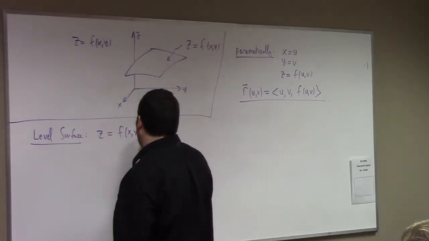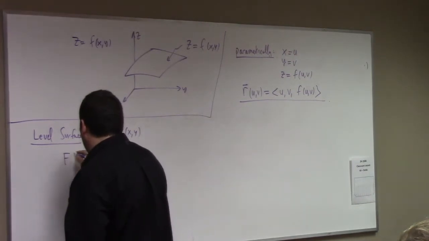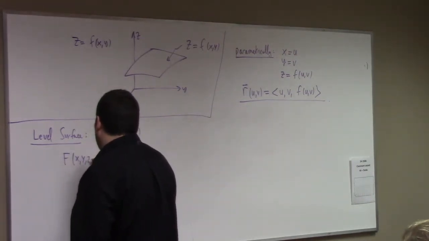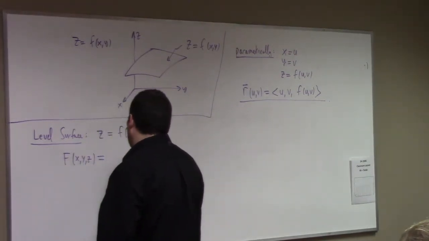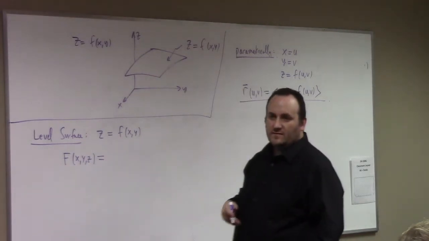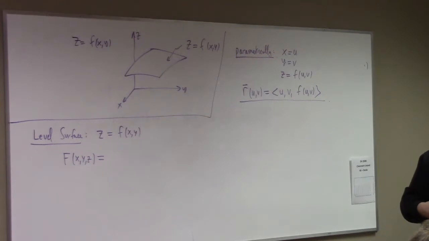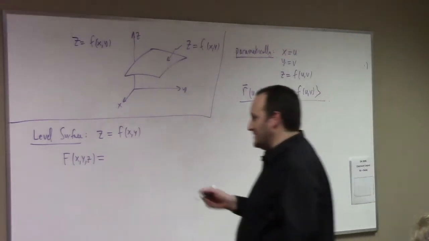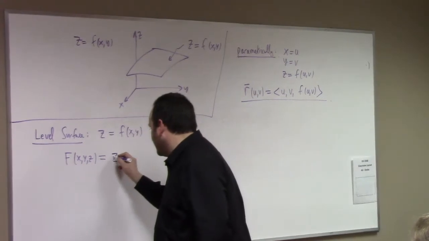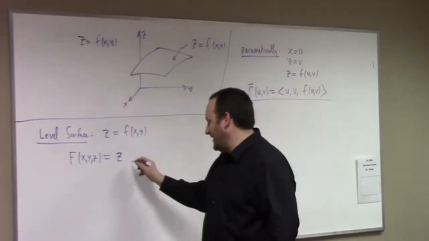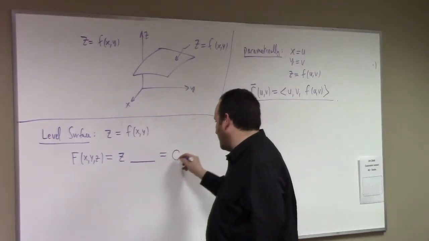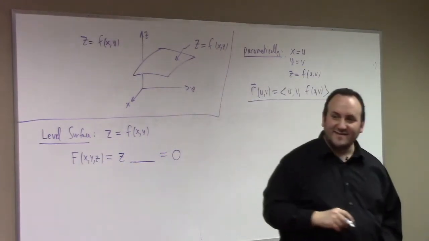How do we rewrite that as big F of x, y, z equal to something? Some equation which captures the graph as its solution set. I'll start you out. z, blank, equal 0. Fill in the blank for me.